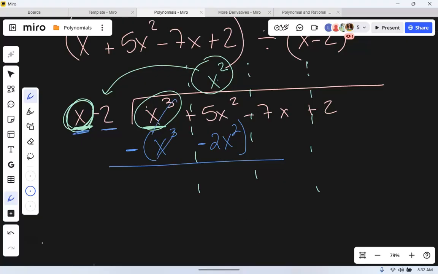Your first term should always, always, always cancel when you do this. How about 5x squared minus negative 2x squared? 7, right? Be very careful with this because your signs are changing and it's every sign in here. Since it was negative, if you like to do a same change, do a same change everything, or you can put it in parentheses like this, but remember I am subtracting. All right, everybody okay?